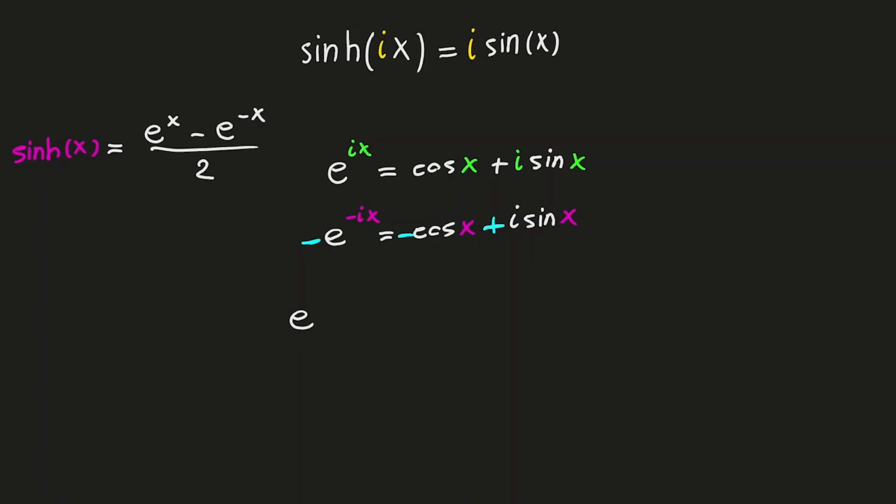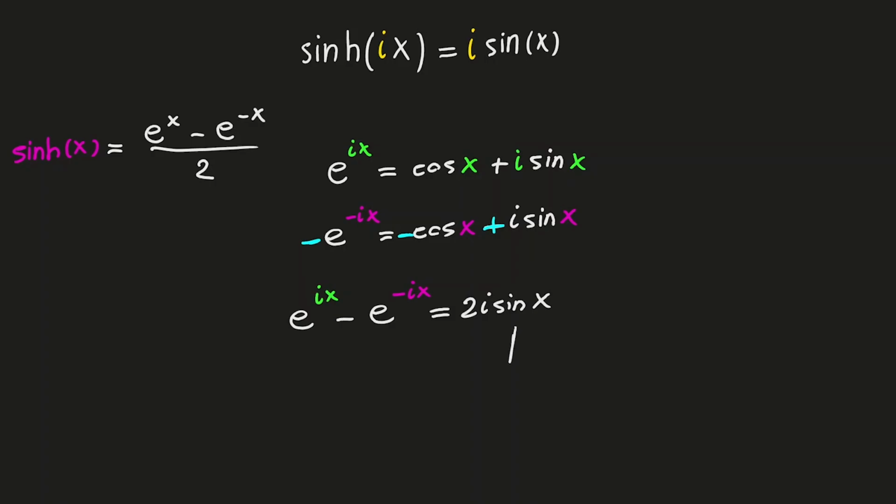e to the ix minus e to the minus ix equals 2i sine of x.